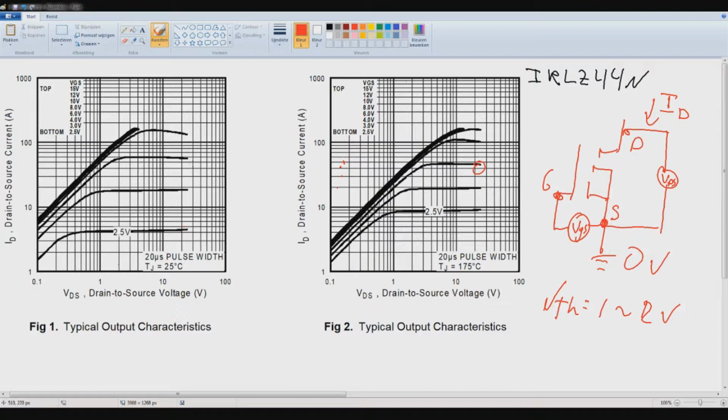And it came from 50 amps. So maybe it's just my eyes, but it dipped a little, as you can see.